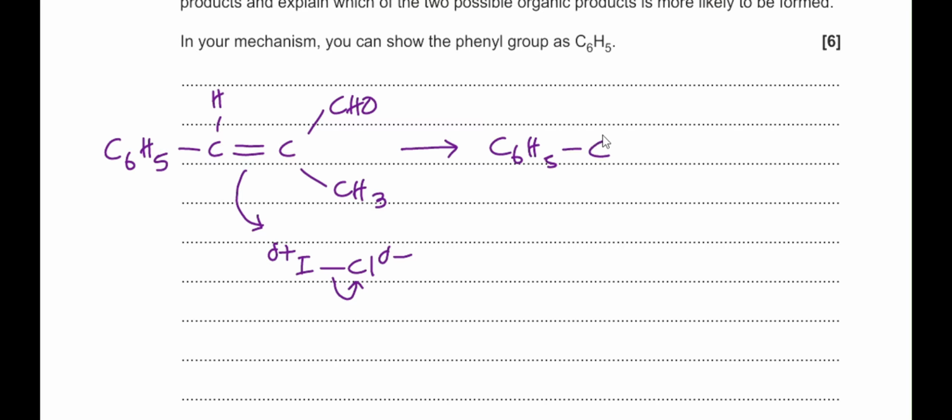Now let's draw the next part. C6H5 CH, this becomes a single bond here now, carbon, CHO and CH3, and let us attach the iodine atom here and put the positive charge on the carbon atom, and there is this chloride ion with the electrons here, and therefore we should show the curly arrow from this to the carbocation.